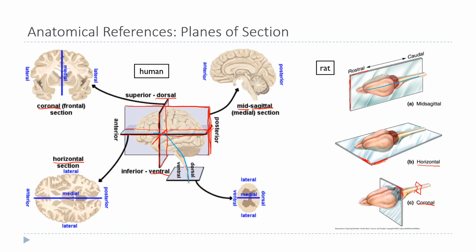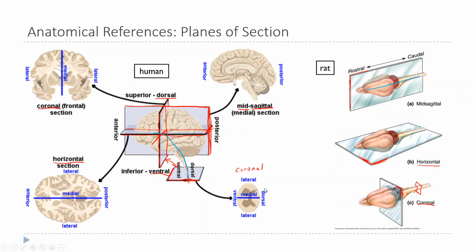Even though in reality, if you position the brain and spinal cord together, the coronal section through the spinal cord and the coronal section through the brain are 90 degrees to each other, this would still be basically a coronal section of the spinal cord, or again, you might see it called the frontal section. So it's a bit confusing because it looks like, because it's parallel to the horizontal section, we would call it a horizontal section of the spinal cord, but that's not what it is.